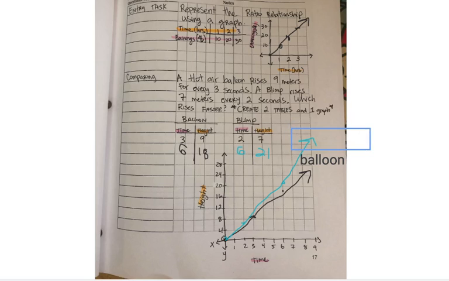And there is your blimp. So from looking at the graph, you can see that the blimp's line is going up faster than the balloon's line, and you can tell from the ratio tables that when they're both at 6 seconds, the balloon is at 18 meters and the blimp is at 21 meters, making the blimp rise faster.